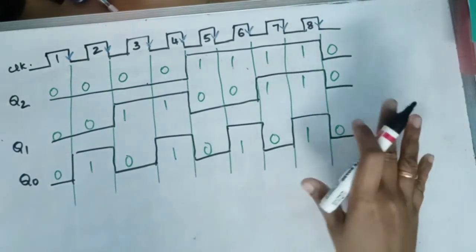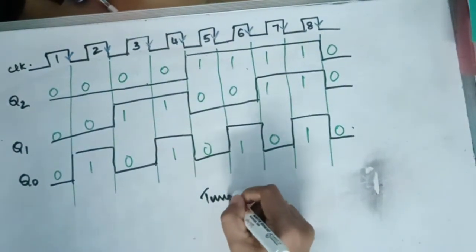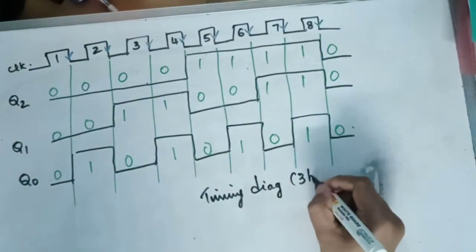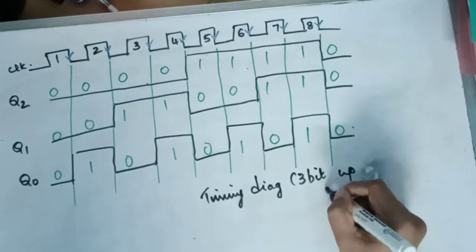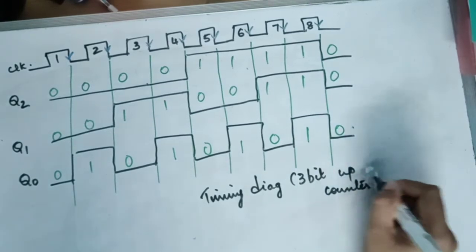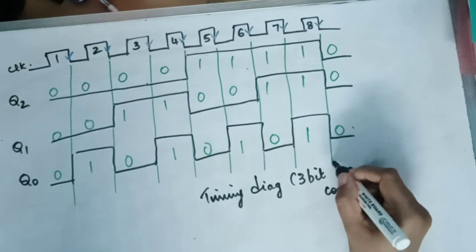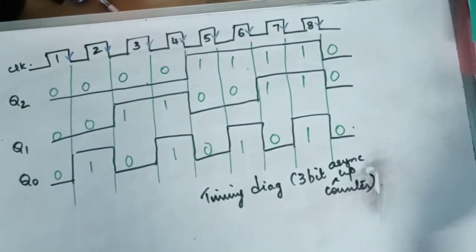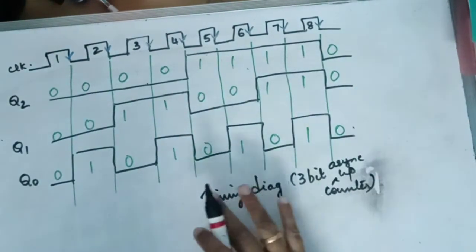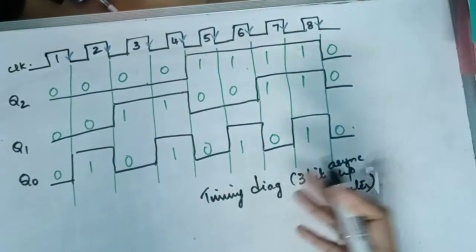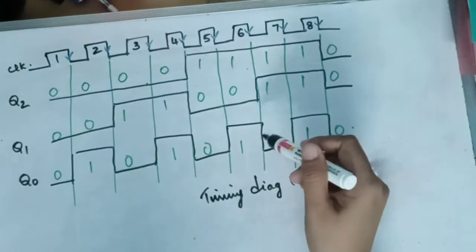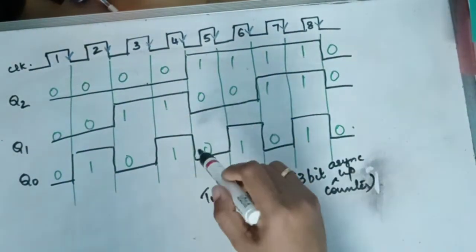Okay, so this is the timing diagram of a 3-bit asynchronous up counter. Asynchronous or synchronous, it will be the same, but since we studied only the asynchronous, this is that. If you write these zeros and ones, it's easier for you to draw.